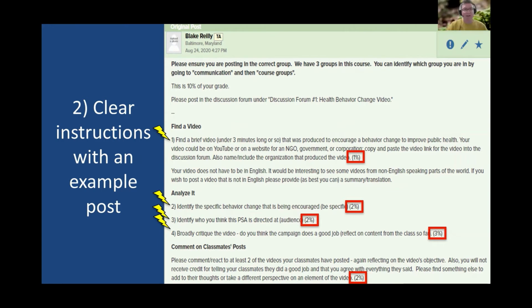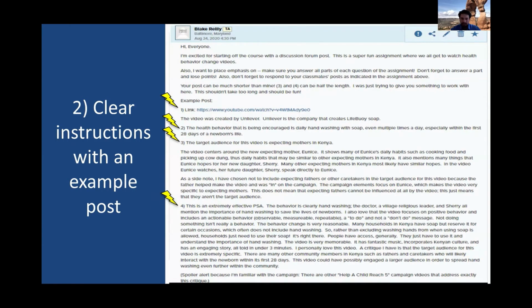That's right. Tip number 2, clear instructions with an example post. You can see with the instructions that we have here, we have it formatted with a 1, 2, 3, 4 format. So you'll see in the next slide that we also post the example post with the 1, 2, 3, 4 format. And that's identified by the yellow lightning bolts here. The other thing that we really like to do is say how many points each section of the discussion forum is.